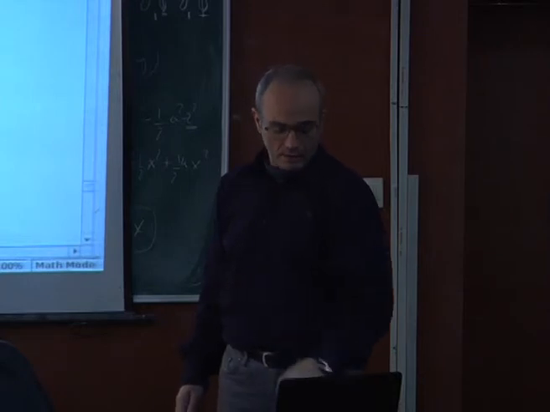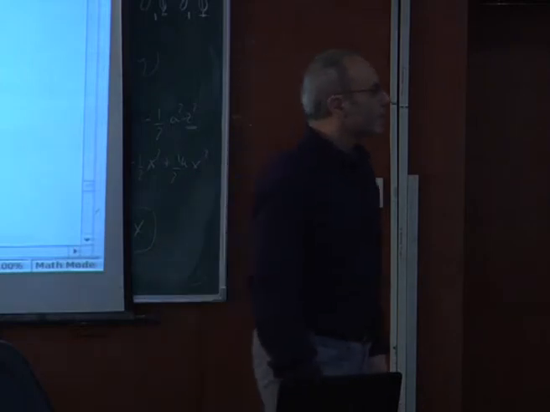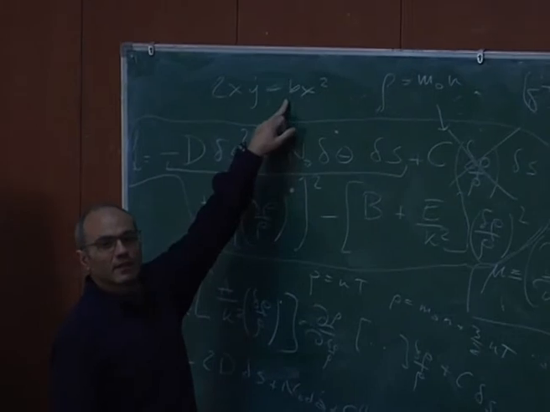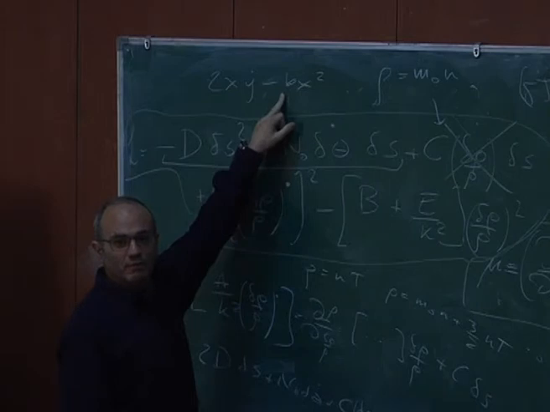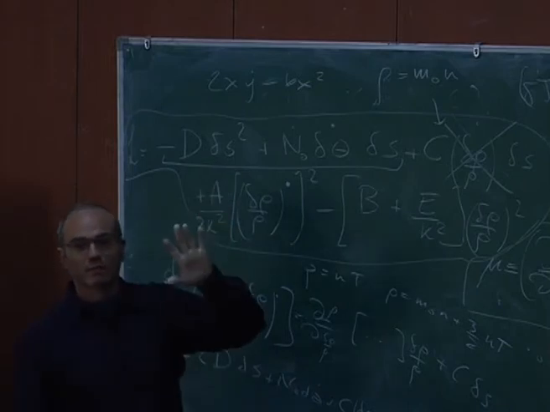Now, yesterday we saw that when we have this thing, B must be positive. Remember, this was the no-ghost condition coming from this thing. If you remember, B must be positive. That means that D must be positive.